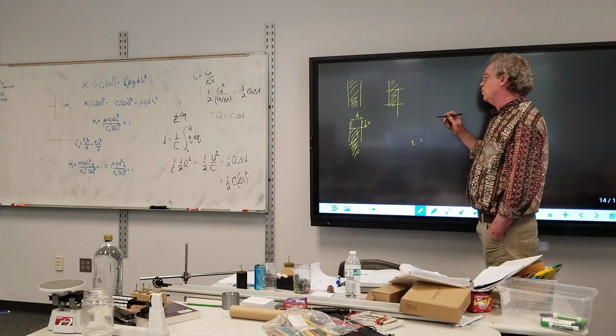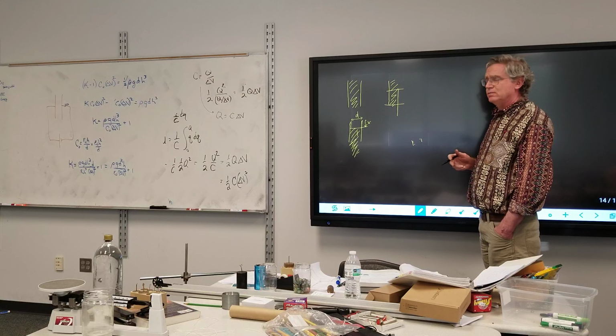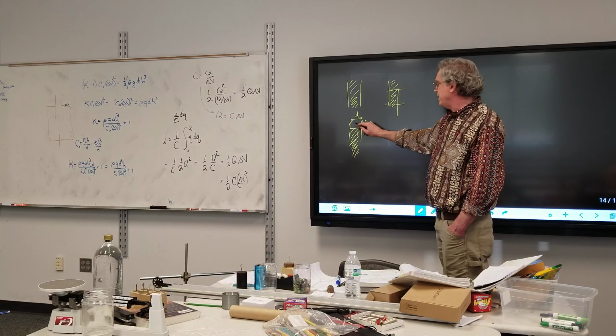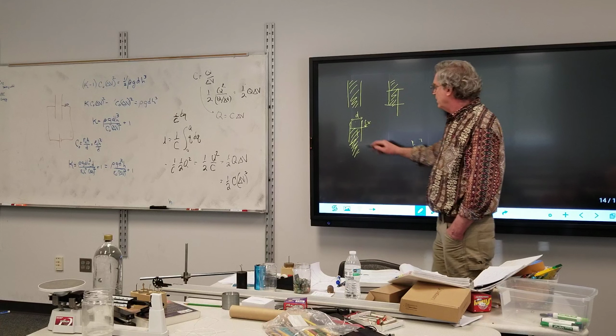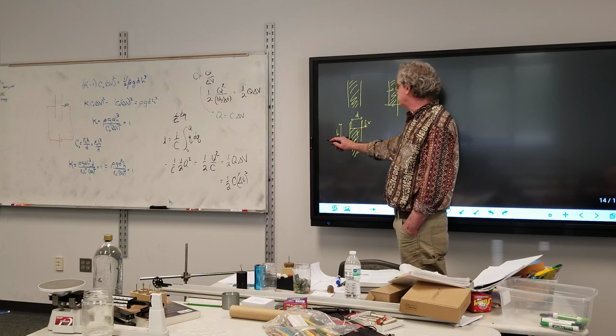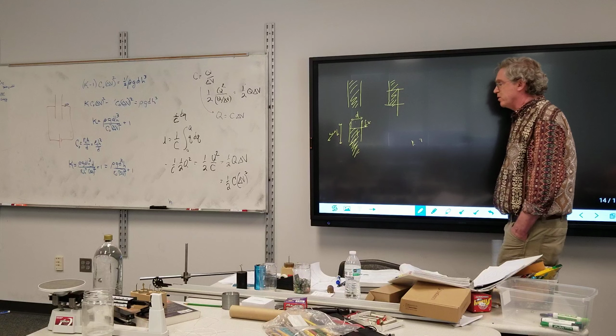This is the equivalent of 2 parallel capacitors, one of which has no dielectric, the other has a dielectric. If this dimension here is H by W, the area of the plate is HW.